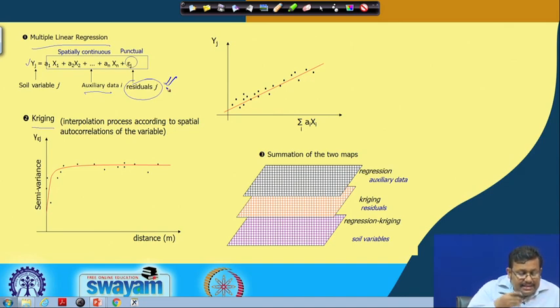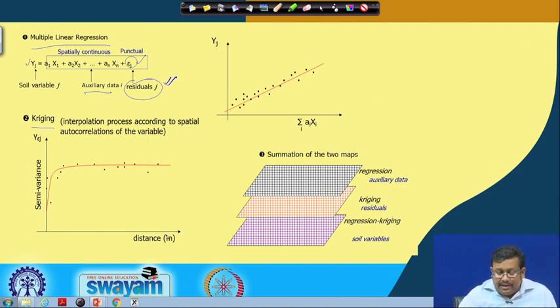Kriging uses these residual values for interpolation according to the spatial autocorrelation of the variable, because I have already told you what spatial autocorrelation is. These residuals can show spatial autocorrelation. You can see this semi-variance is used to model the spatial autocorrelation structure.